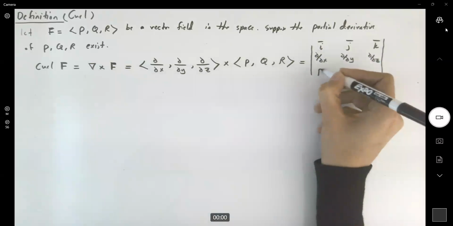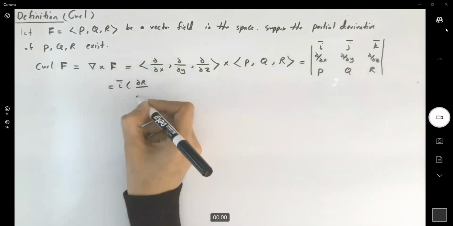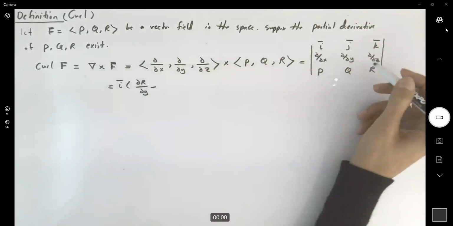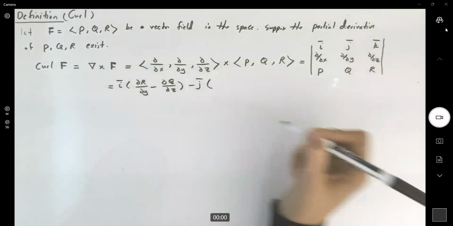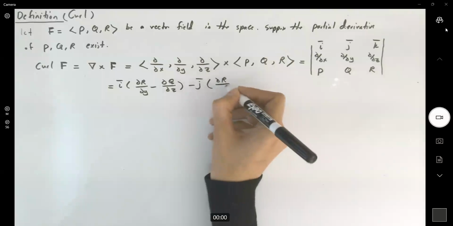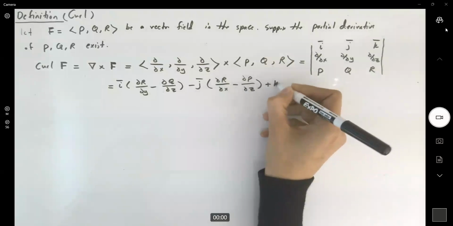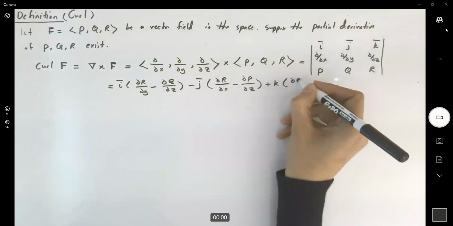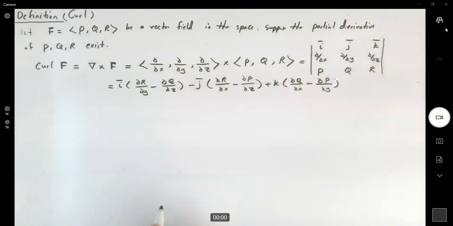And then the last row are the components of your vector field, which can be written as I times partial derivative of R with respect to Y, minus the partial derivative of Q with respect to Z, minus J in the direction of Y-axis, partial derivative of R with respect to X, minus partial derivative of P with respect to Z, plus K times partial derivative of Q with respect to X, minus partial derivative of P with respect to Y. This guy is defined as the curl of your vector field.